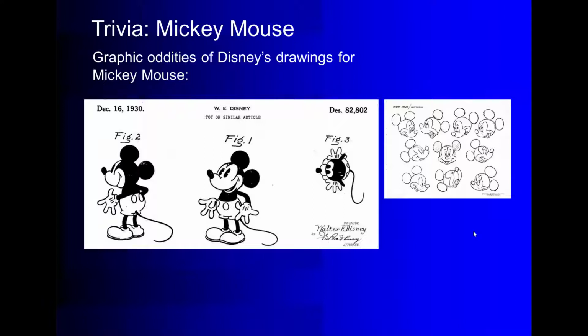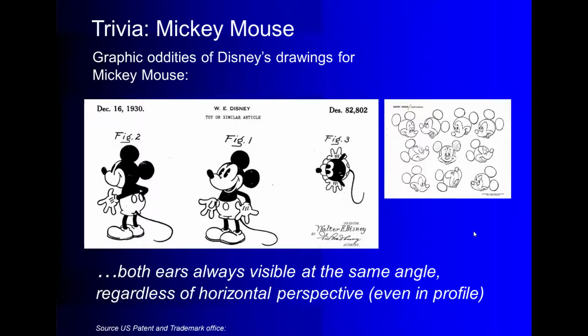Okay, it's really, really interesting that this has become, I mean, this is the patent office, the trademark office, and these are Walt Disney's original trademarks for his character Mickey. Okay, so both of the ears are always visible at the same angle, regardless of a horizontal perspective. And I gotta say, I've never seen this top version of Mickey either. That is pretty creepy, especially with his hands.